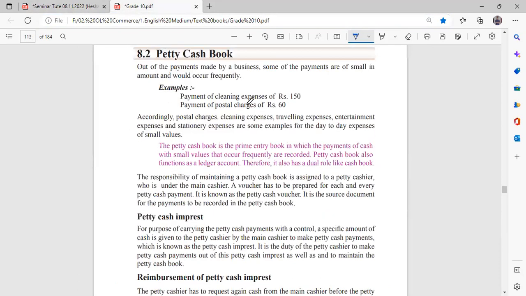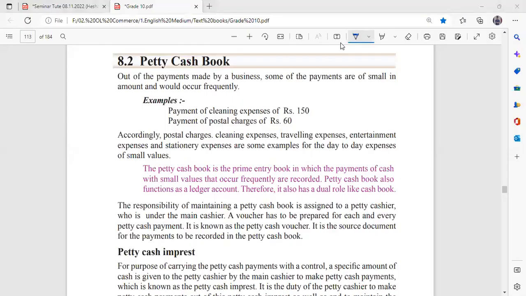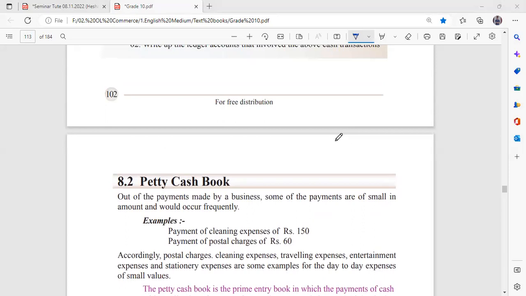Now I'm going to teach you about the petty cash book. You need to identify it clearly. So what is the term called petty cash book? Now I'm going to discuss the petty cash book. This is also very important.